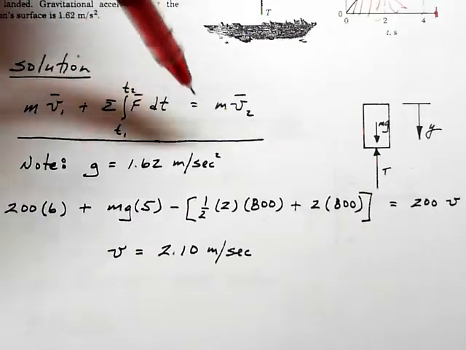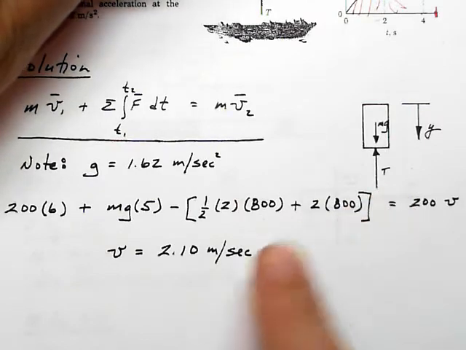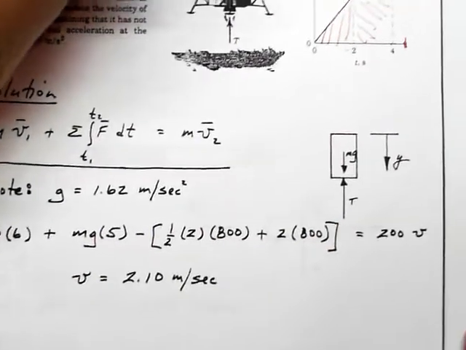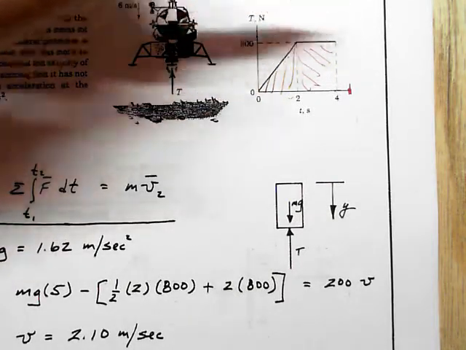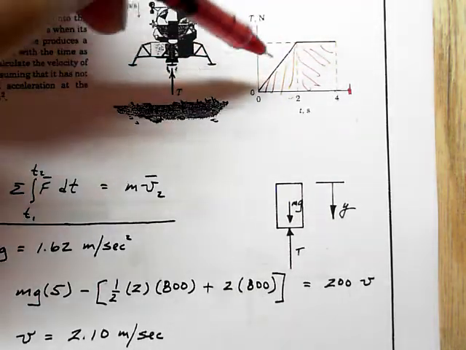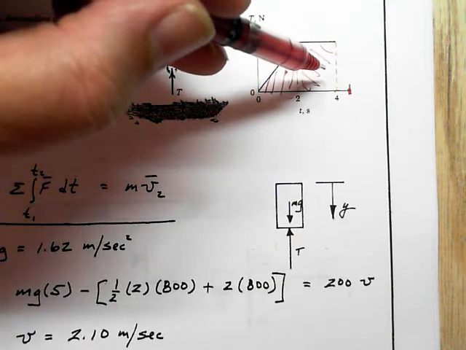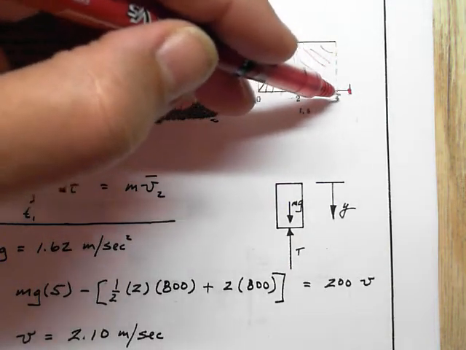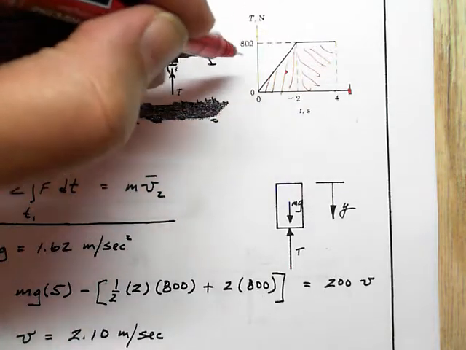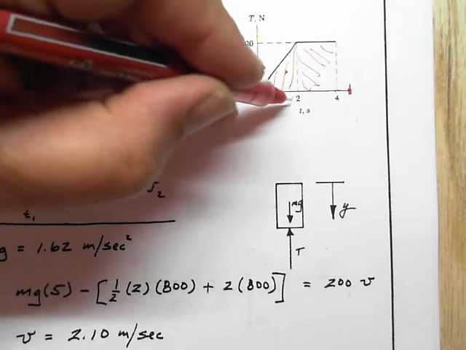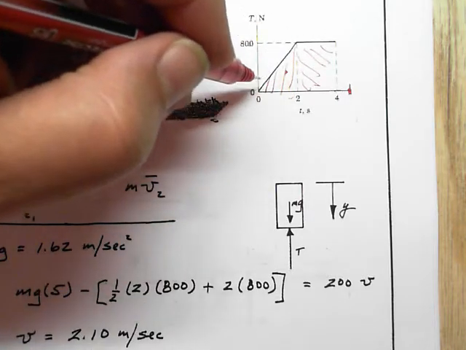For the thrust of the rocket motor, it varies with time, which means we actually have to work out our impulse integral. And one way to integrate is just realize it is the area under the curve. So the entire impulse interval is the area under the triangle plus the area under the block plus the area under 0 for 1 second, which is 0. So the area of the triangle is going to be an 800 tall times 2 wide. 800 times 2 gives us the rectangle. Divide that by 2.